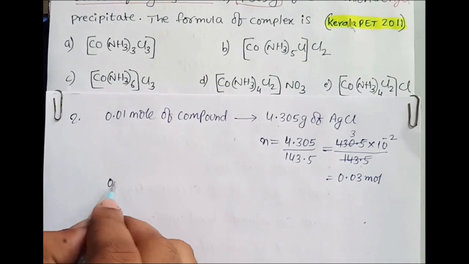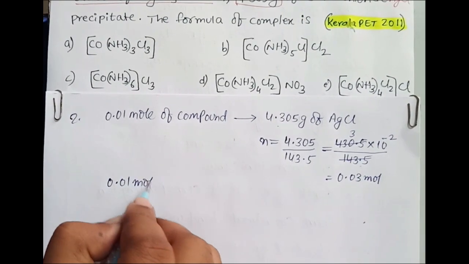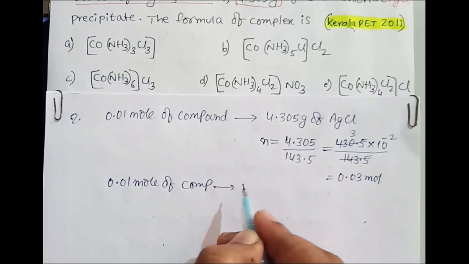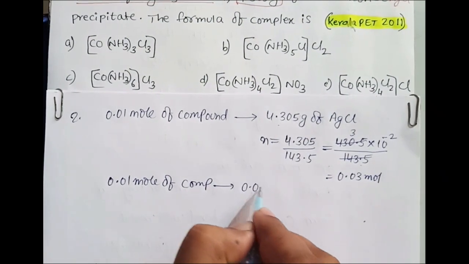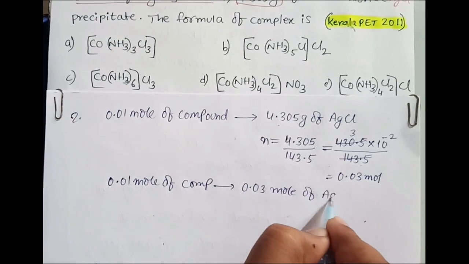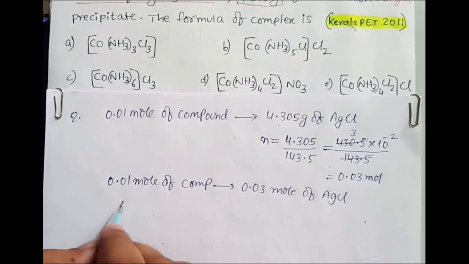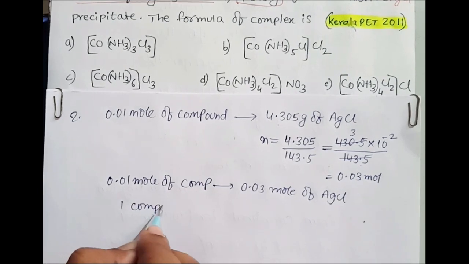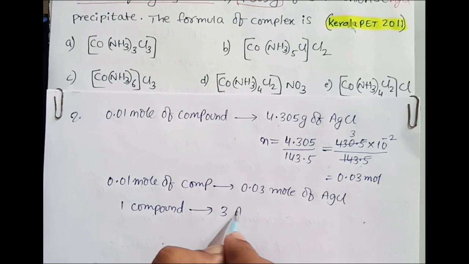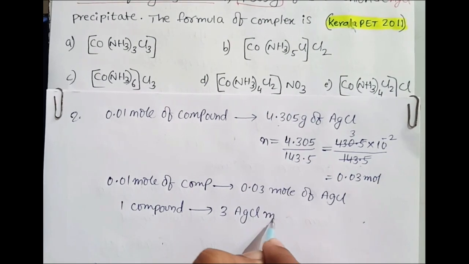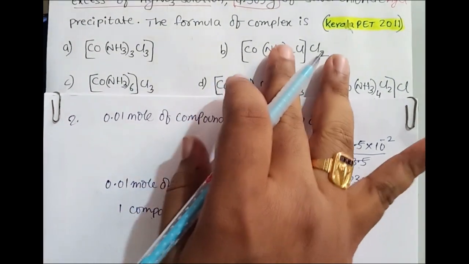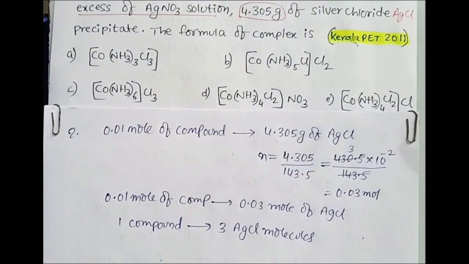So 0.01 mole of compound is giving 0.03 mole of AgCl. If you take out the ratio, one compound gives 3 AgCl molecules, 3 molecules of precipitate. So now you have to identify in which case 3 AgCl is formed.